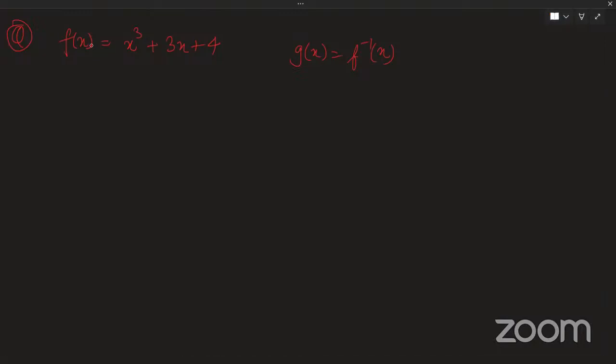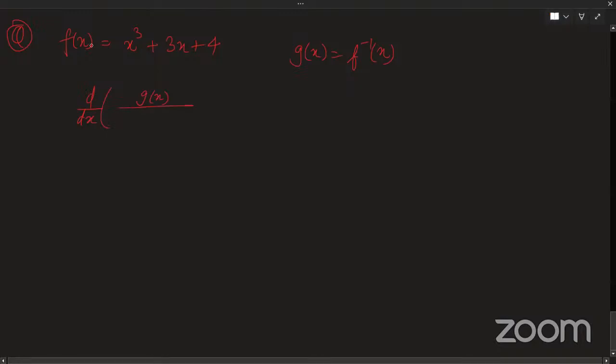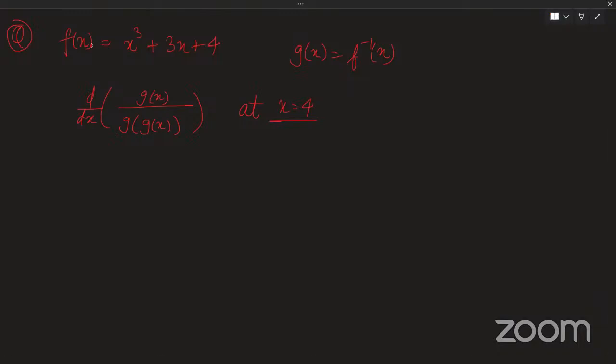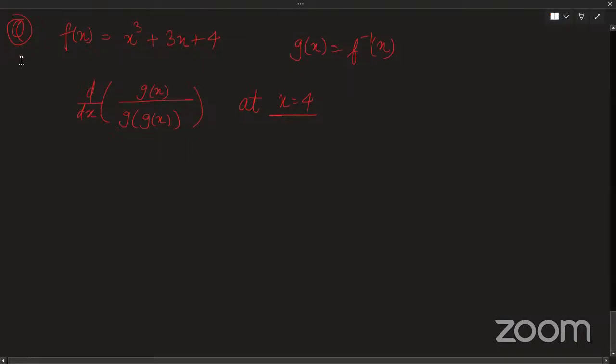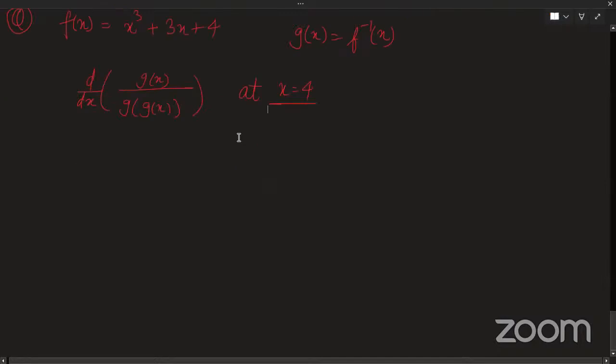It is asking you for the derivative d by dx of g of x, evaluated at x equal to 4.